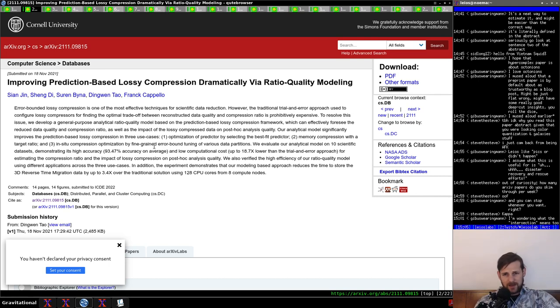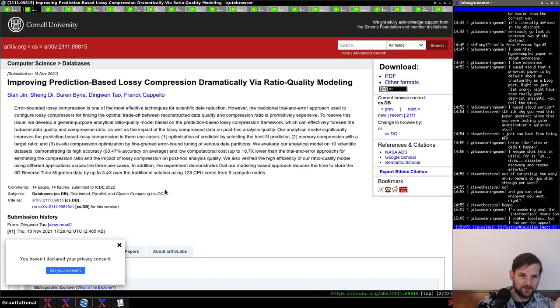That is also true. To resolve this issue, we develop a general-purpose analytical ratio quality model based on the prediction-based lossy compression framework, which can effectively foresee the reduced data quality and compression ratio, as well as the impact of the lossy compressed data on post hoc analysis quality.